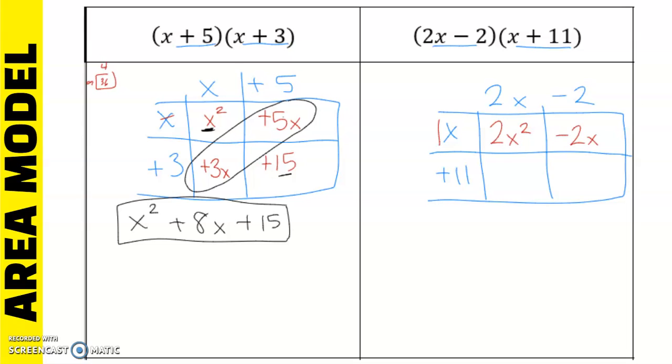Then I go to the 11. 11 times 2x is 22x, 2 times 11 is 22, then times the x.